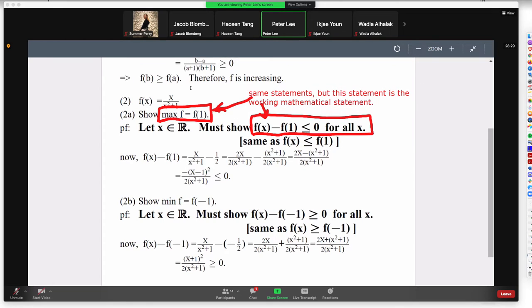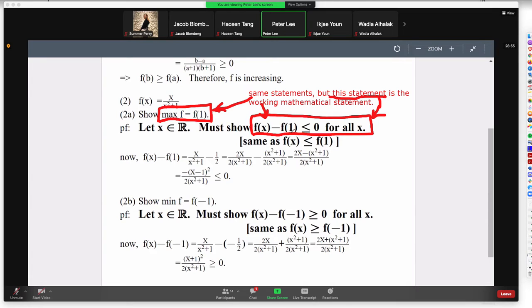So what I mean by this is this: the one which I marked in both boxes, so I have two boxes here. The first box is max f is equal to f of 1. That's what we have to show.